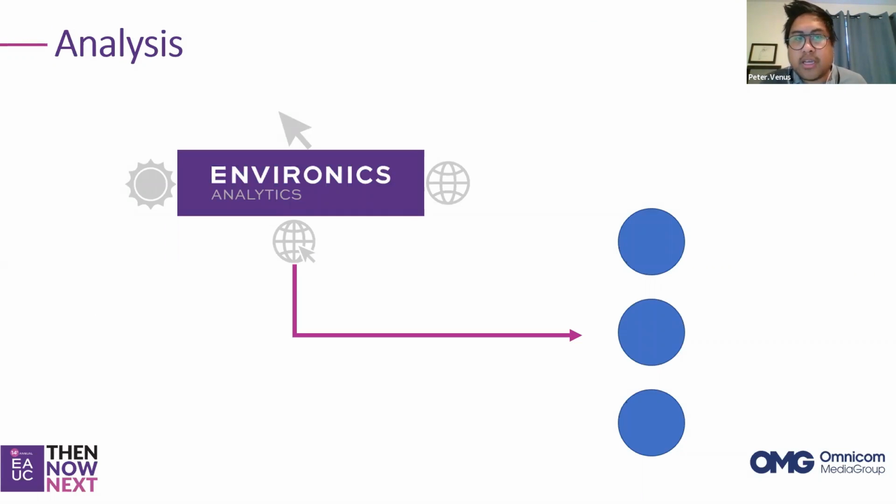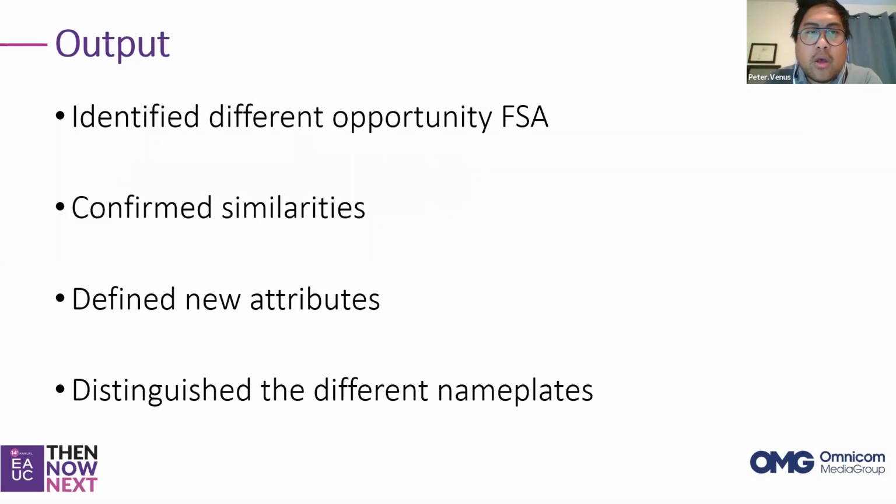So we took those signals and we used Environics Analytics data to tease out different profiles of people that were converting, people that were engaging with ads. And what we ultimately came out with were different opportunities of FSAs to target against.